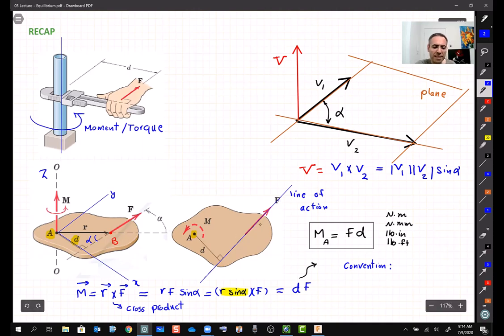So we said that when we apply a load like this wrench, either we want to rotate something clockwise or counterclockwise. So we decided to make our life easier, instead of every time writing clockwise, counterclockwise, and being careful about which direction it was.